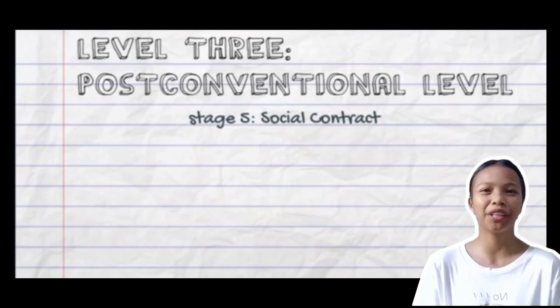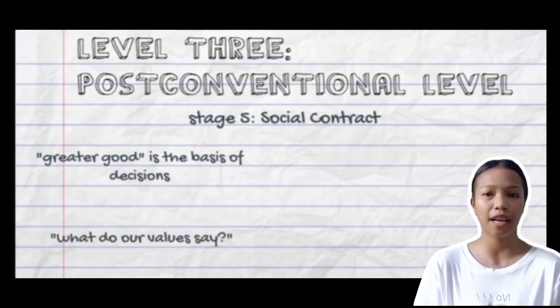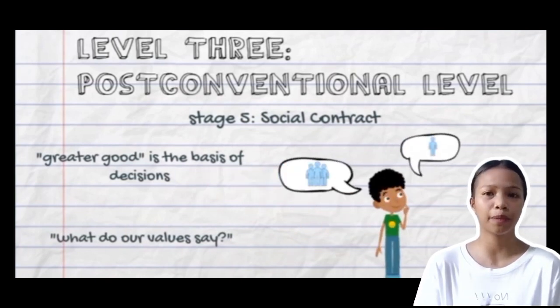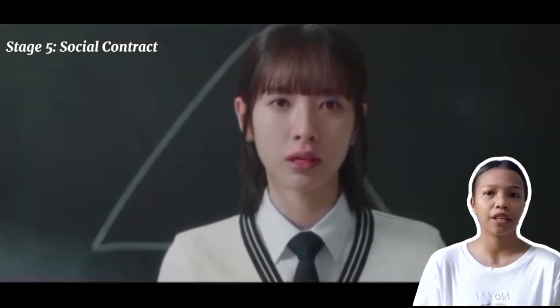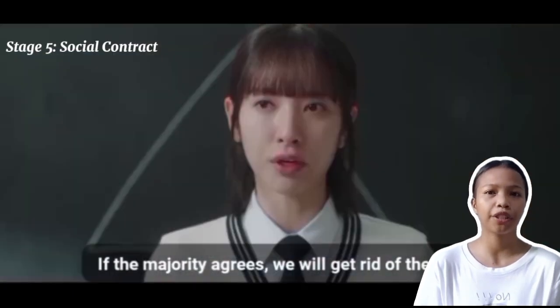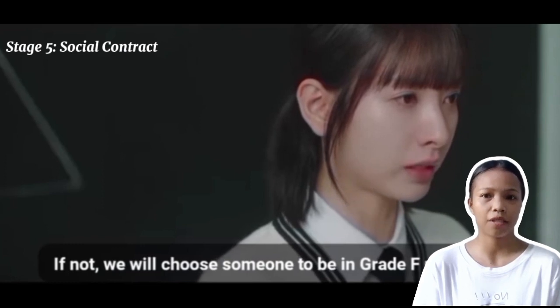In Kohlberg's theory of moral development, stage 5, known as the social contract orientation, typically emerges during adolescence. At this stage, individuals begin to understand that there are various perspectives and values within society. They recognize that rules and laws are social agreements meant to promote the greater good and maintain social order rather than absolute dictates.